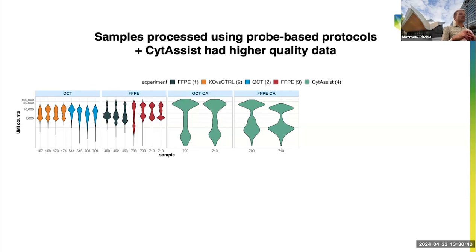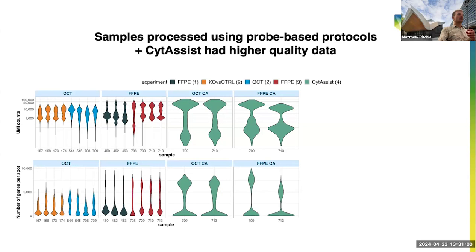The distribution is shifted north. So basically we're getting more signal per unit of measure. And surprisingly, that also holds irrespective of whether you've just freshly frozen or FFPE preserved the tissue. So that's really encouraging.